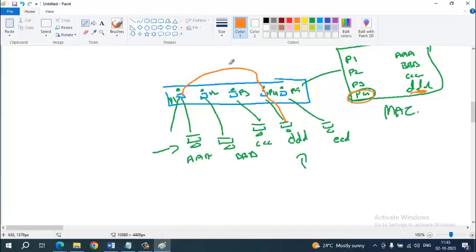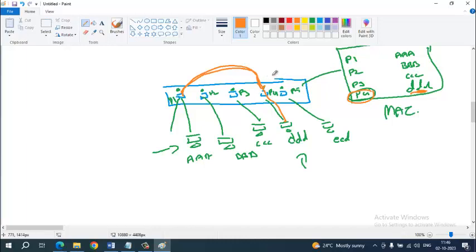Once the MAC address is learned and it knows the location, it pushes the packet only to that location, not to everyone. As a result, there is no collision. When there is no collision, you can handle more traffic, isn't it?